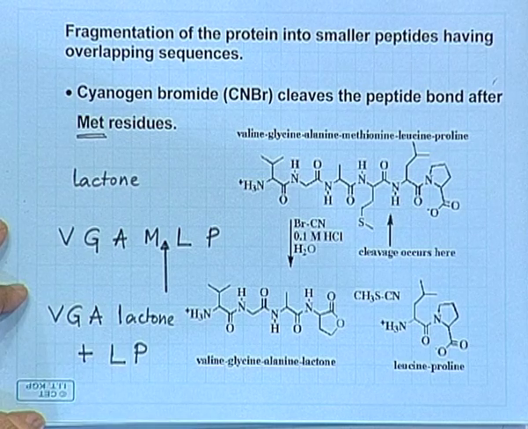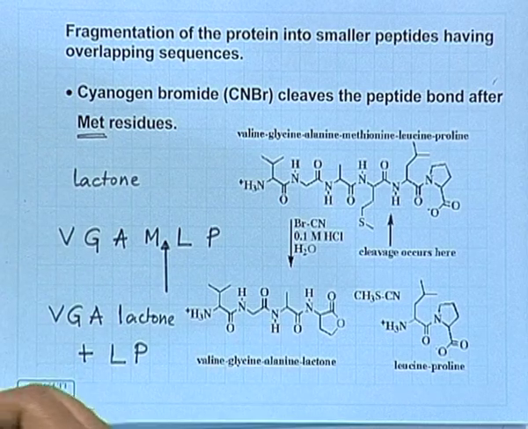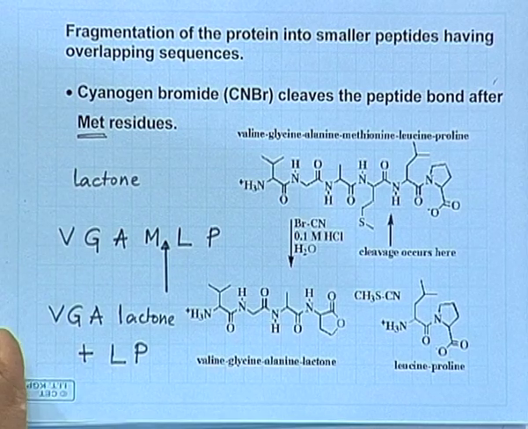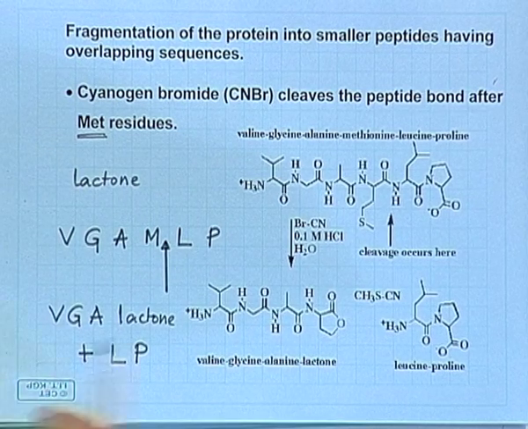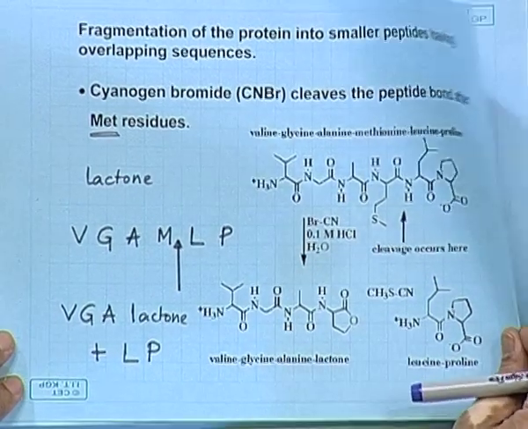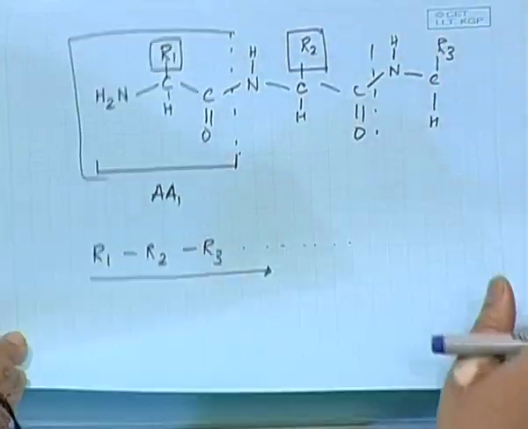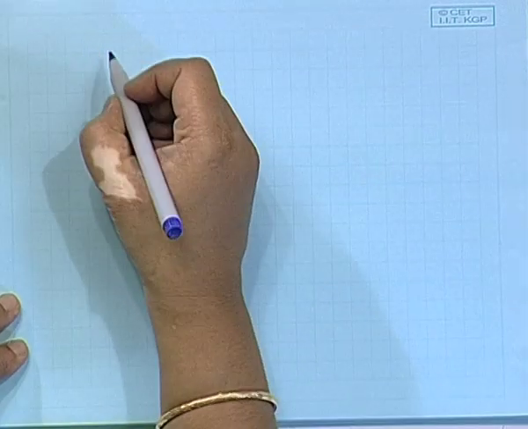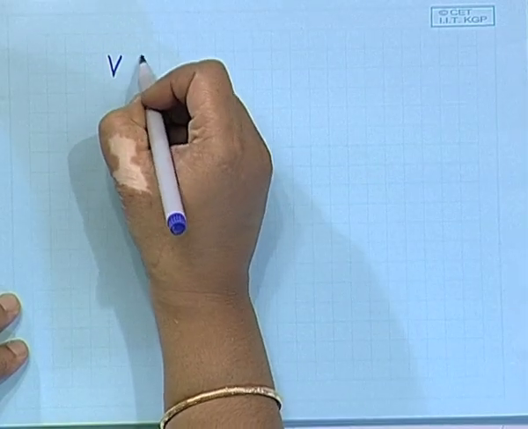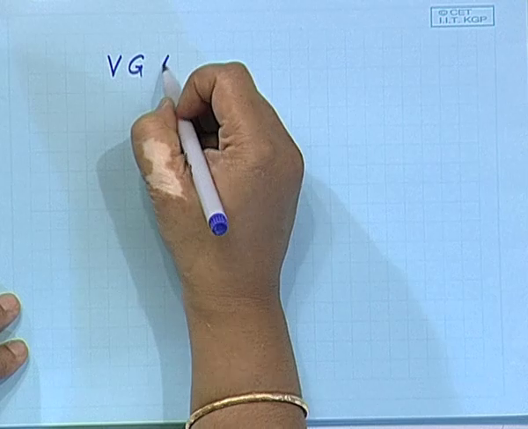Is that clear? Okay? Let us just go through it once more. What I am saying is that when we have a lactone formation, so what we have is our polypeptide chain, which is VGAMLP.